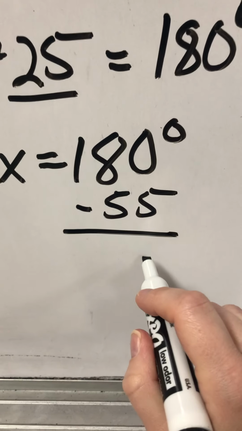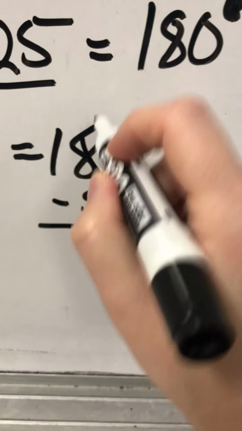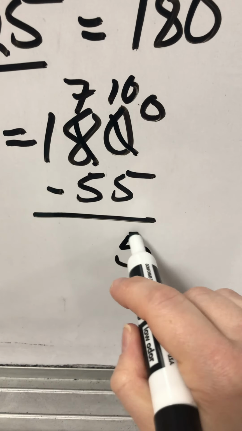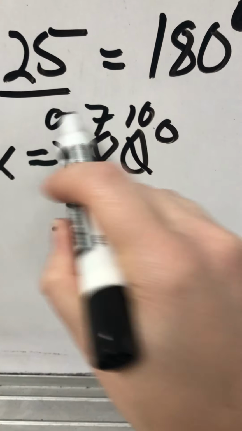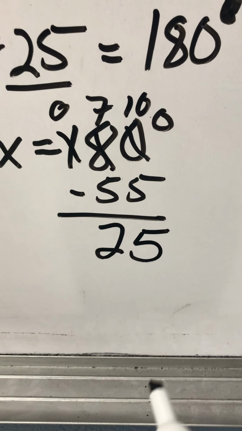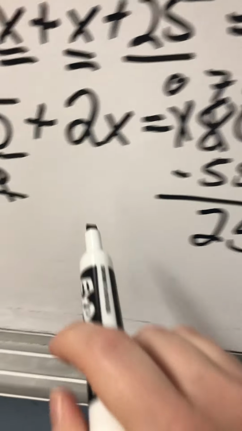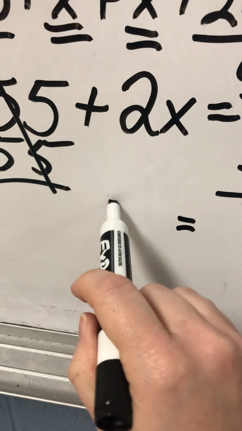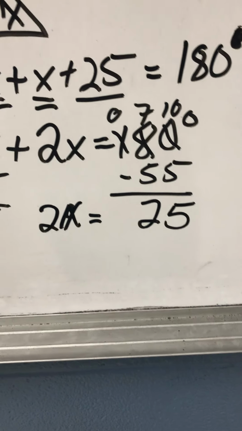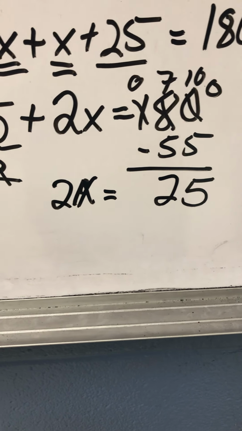And over here, it looks like I'm going to carry out my math. This is going to give us 125 over here, and over here we're left with 2x. So 2x equals 125.